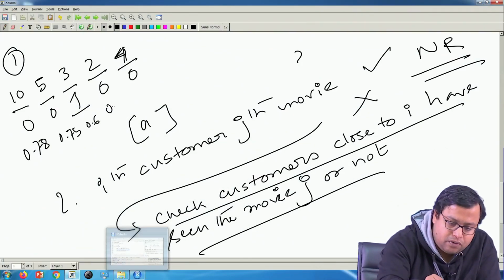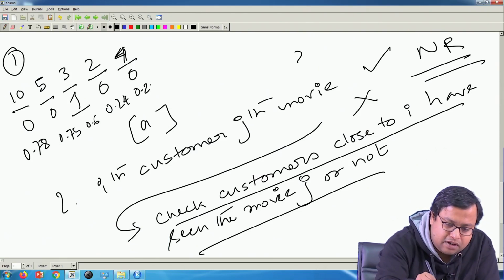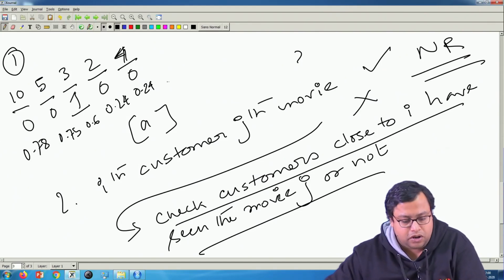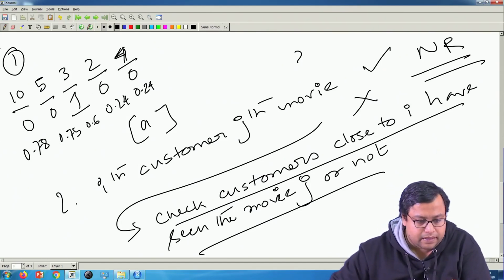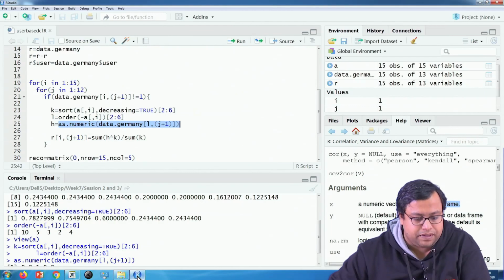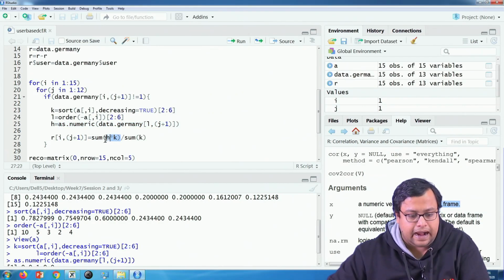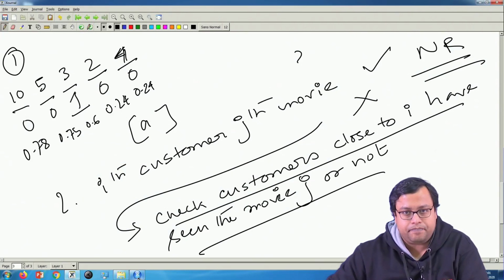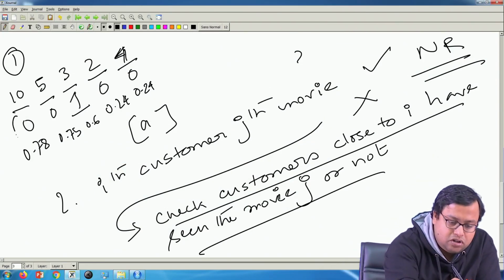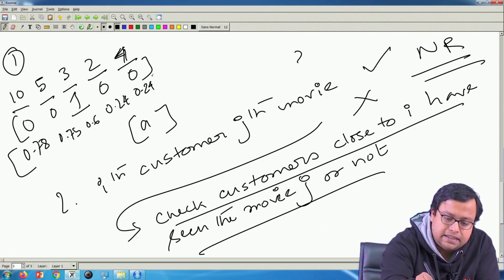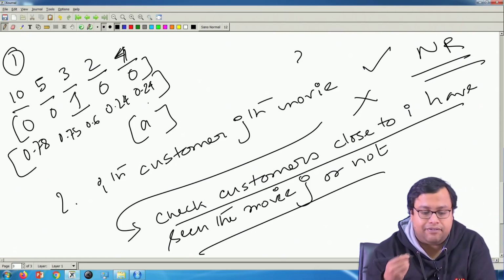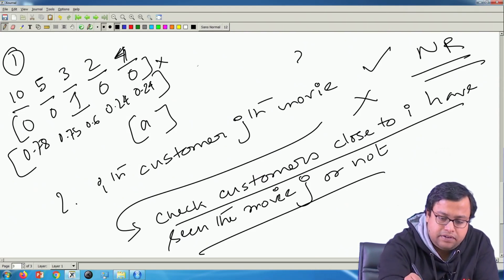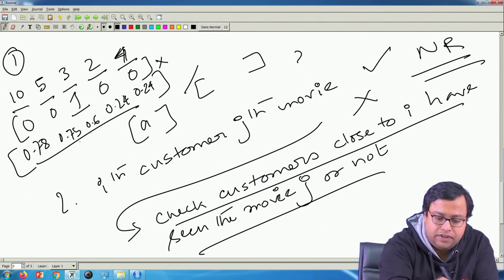Basically, whether I should be recommended this particular movie or not will depend on the multiplication of this historical data and the k, which is the weightages. So, this is my actual observation, this is the weightages. So, create a weighted average: this into this, divided by summation of all of these things.